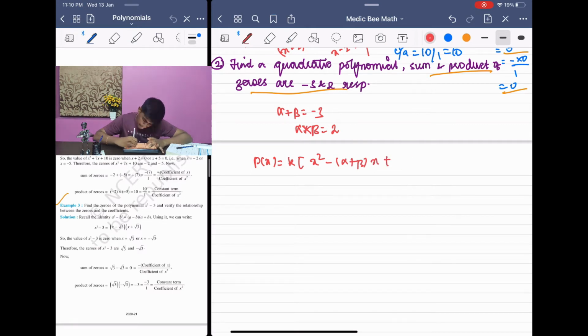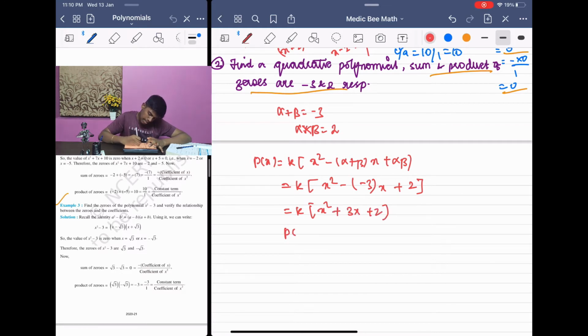It should be like this, so let k be some constant. Now what values are given? Alpha plus beta is -3, alpha beta is 2. So k times x squared minus (-3)x plus 2, which is kx squared plus 3kx plus 2k. So p of x would be kx squared plus 3kx plus 2k.